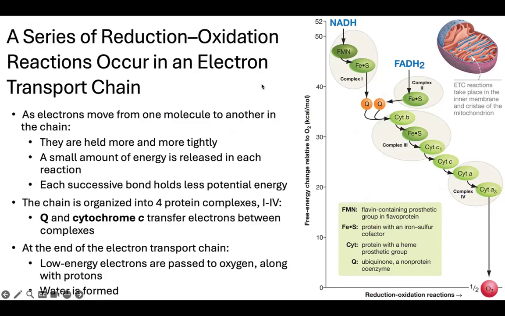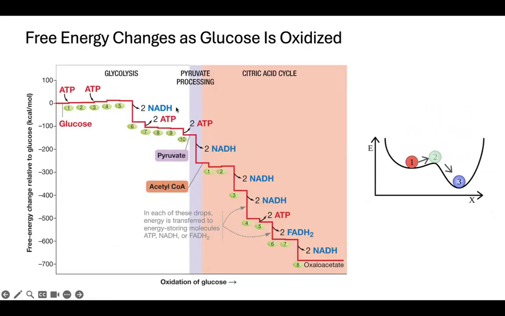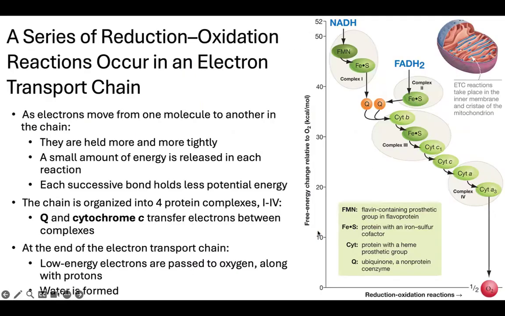So what do you think is going to happen next? The same thing. These electrons are going to be looking for more stable states. When we look at free energy, remember how much we dropped in making all these NADHs and FADH2s? Well, we're not done. We're going to be dropping in more free energy.